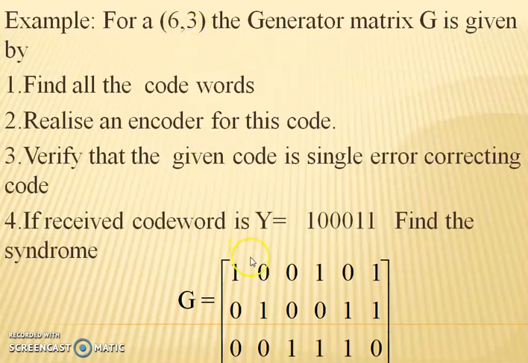You can also find these values from the given generator matrix: the number of rows is 3 and the number of columns is 6, so from that you can find the values of N and K.